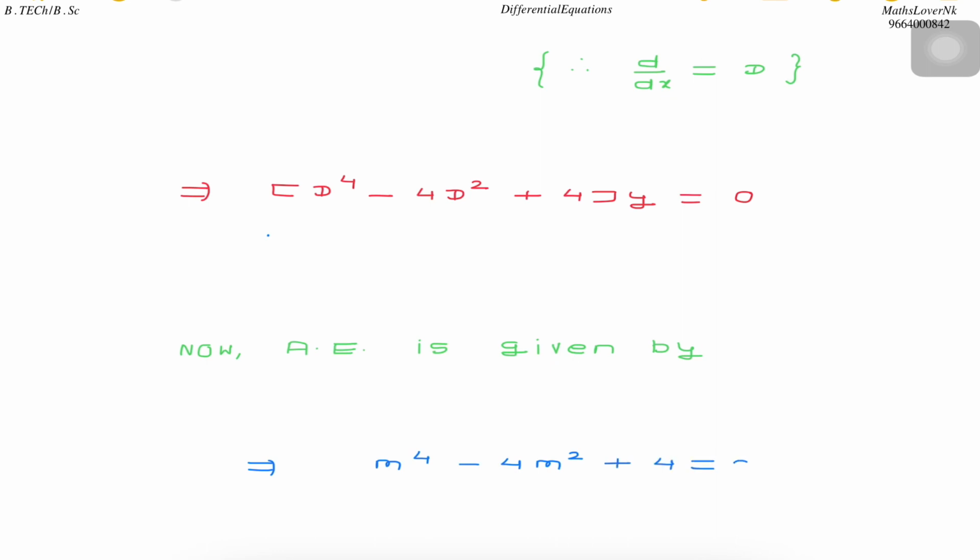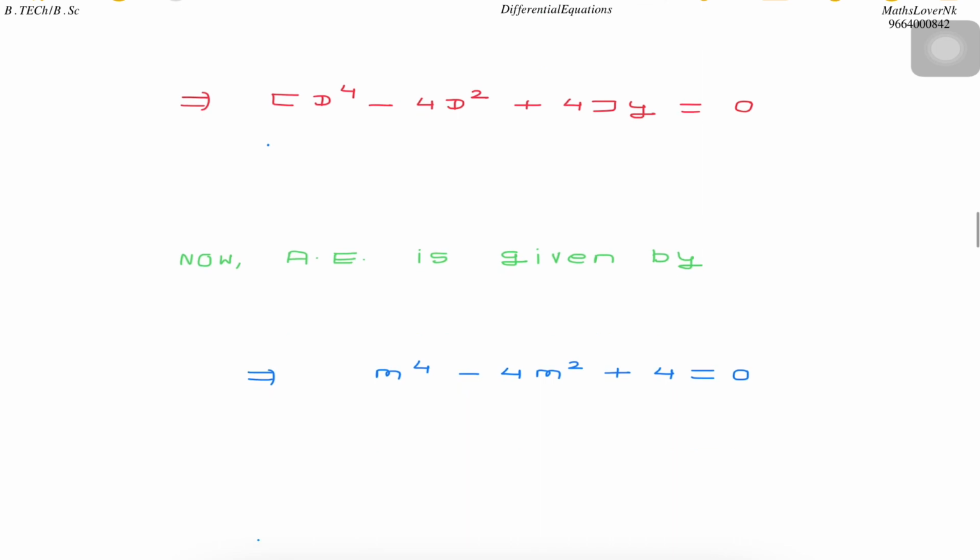It may be written as (m²)² minus 2 into m² into 2 plus 2² equal to 0.